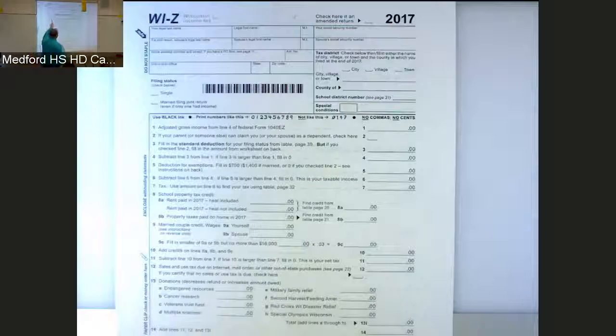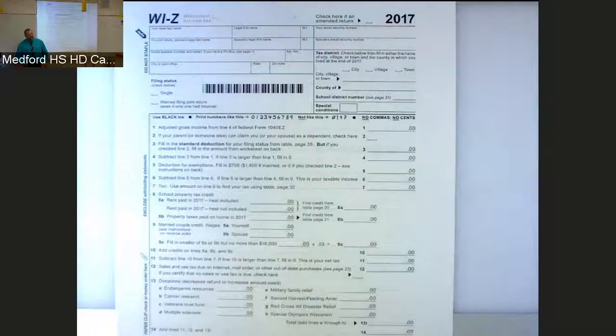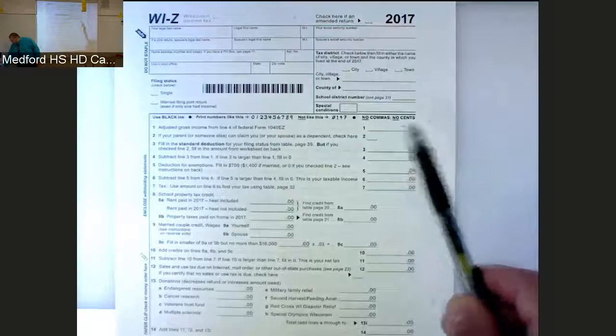Same thing, fill in your name on the top. Okay, you have to fill in your tax district, where you live, whether it be a city, village, or town of whatever. So you have to fill that in.